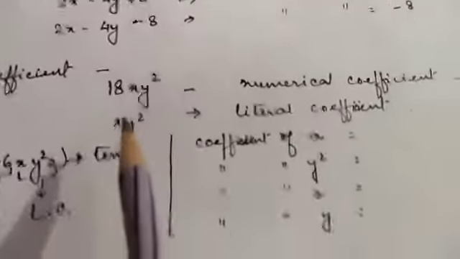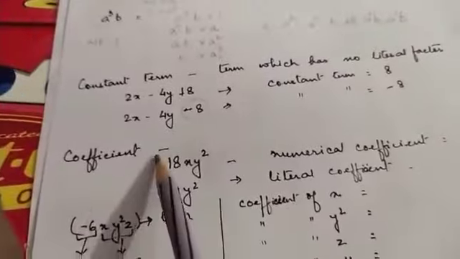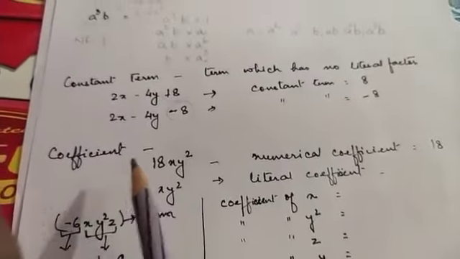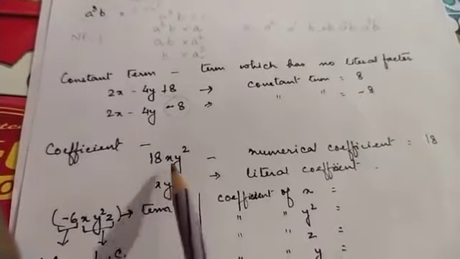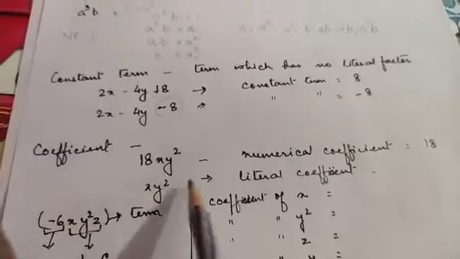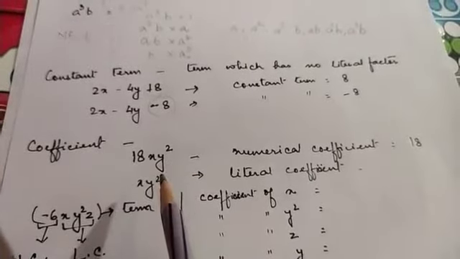Then come to the coefficient. Now what is coefficient? Any factor of a term is called the coefficient of the product of the rest of the factors of the term.